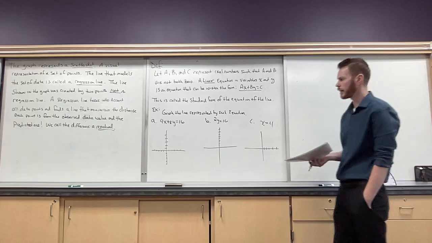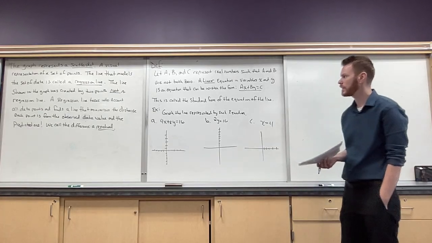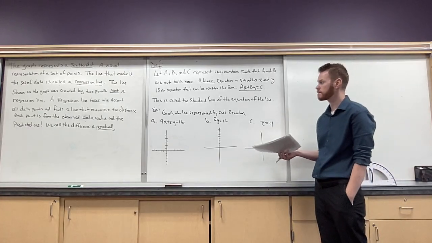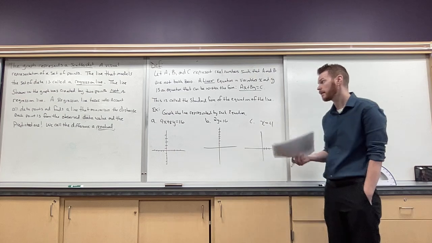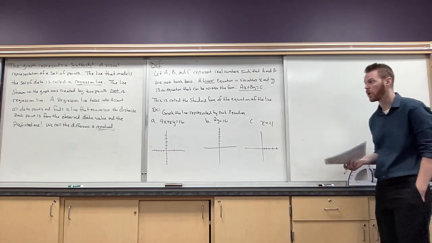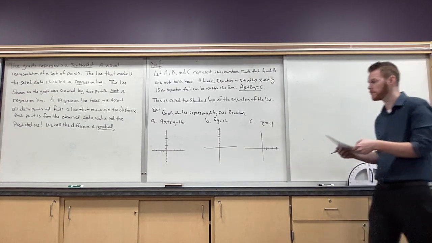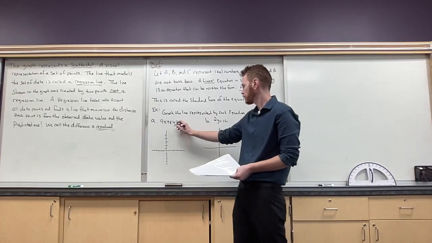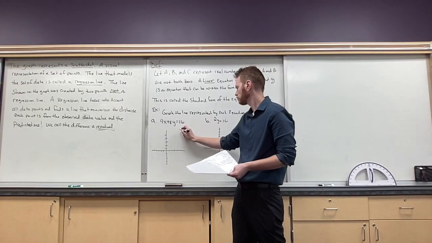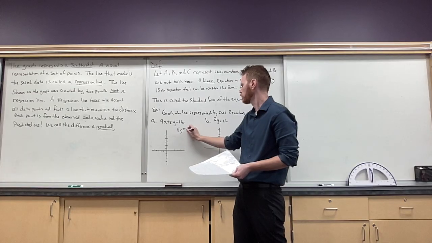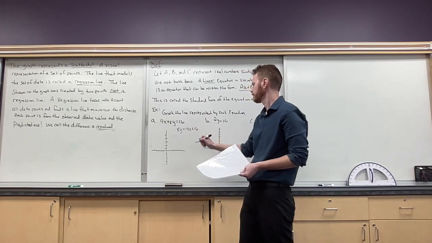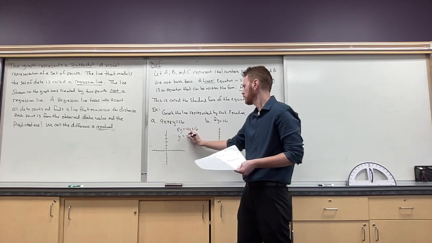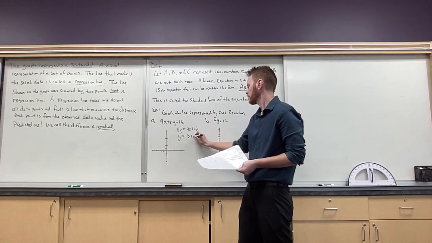So for the first graph, notice that it is written in standard form. You could divide everything by 4 first, make it smaller, make it easier to graph, but it doesn't matter. I think it's easier if we switch this to slope-intercept form. So if I solve this for y, I get 8y equals negative 4x plus 16, and then we'll divide by 8. So that gives me y equals negative half x plus 2.